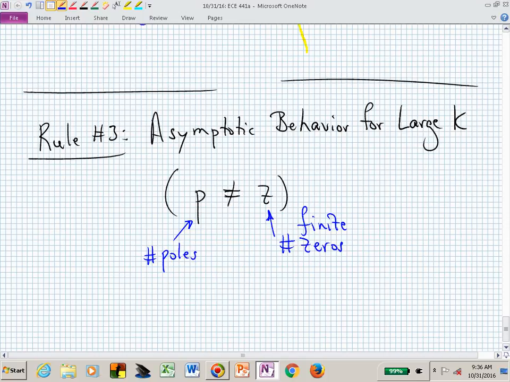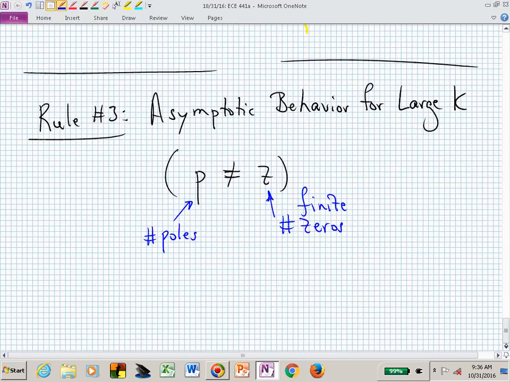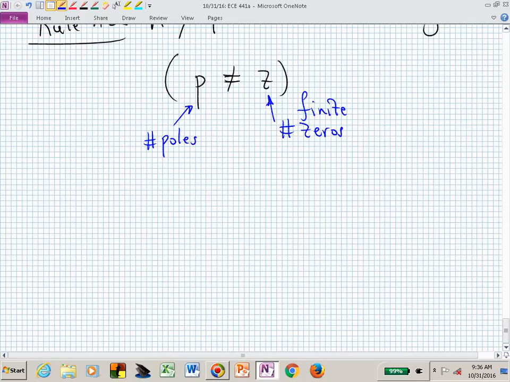Those are the values of s that satisfy little n of s. Those are my open loop zeros. And what this allows us to do is determine where these branches eventually go. These are just asymptotes. These aren't the actual branches, but they're guidelines that the branches move towards. So as you crank up the gain K, you'll eventually be approaching those asymptotes, or be basically right on those asymptotes.